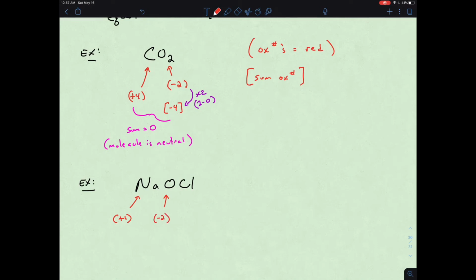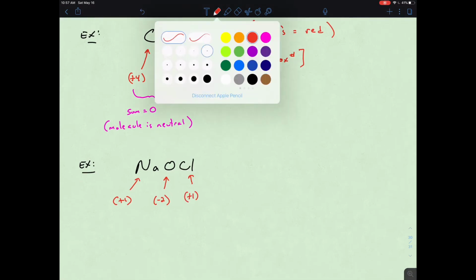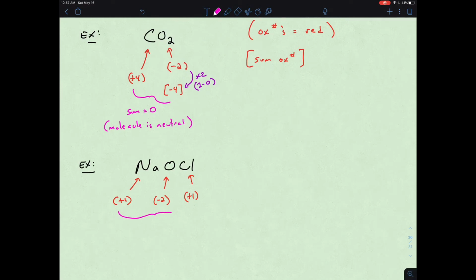It must be -2 because it's group 6A. It's also the most electronegative element. It's more electronegative than chlorine. So that means our chlorine must be in a +1 oxidation state. Again, notice that the sum is equal to 0 because we have a neutral molecule.